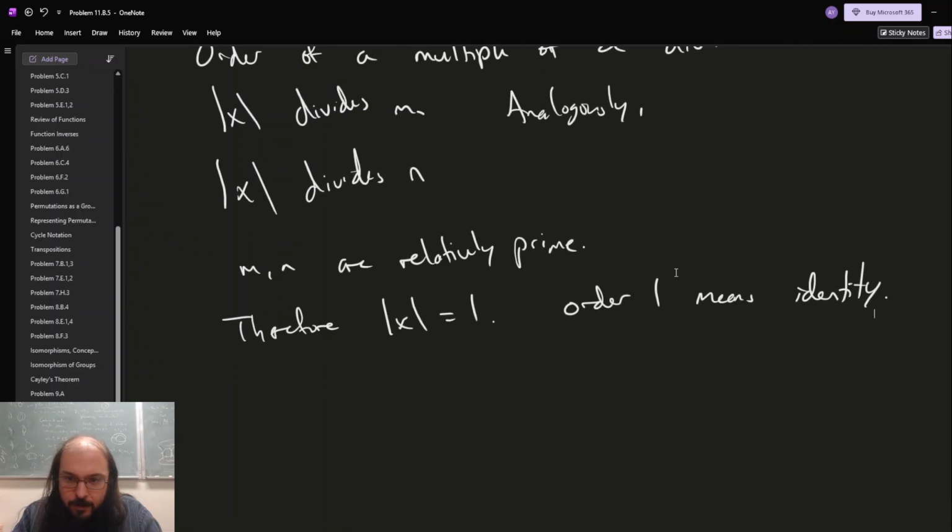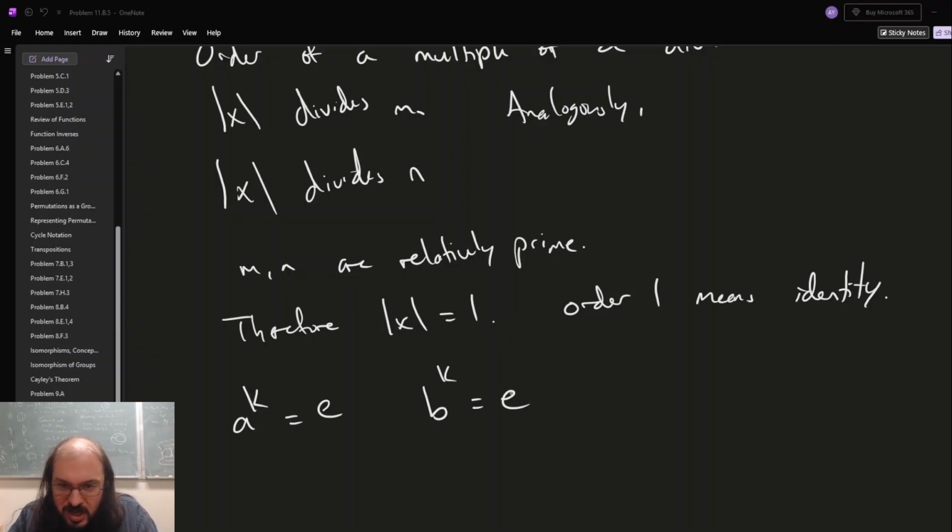X was A to the K. So A to the K equals E, and also B to the K equals E. Right? These are the same thing. So now what we're seeing is that, since M and N both divide K, and M and N are relatively prime, then their product divides K. This implies MN divides K.